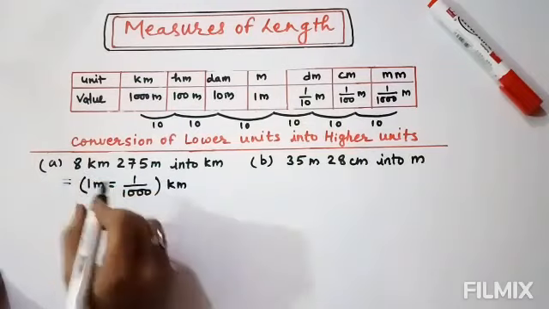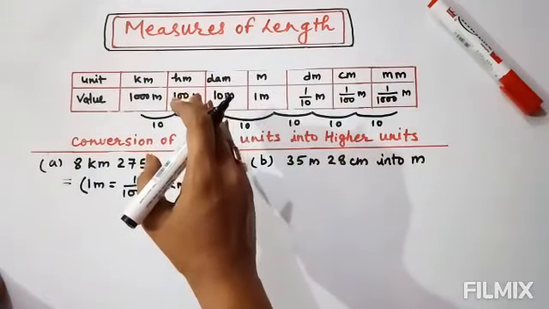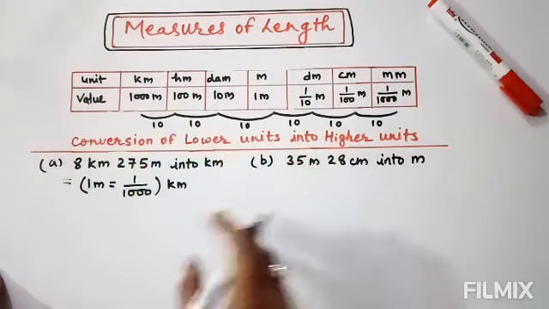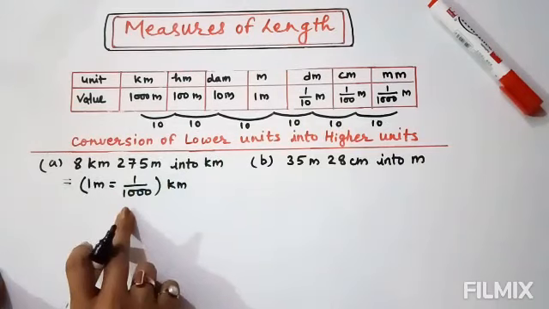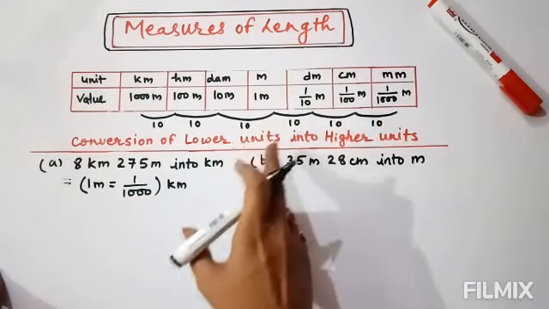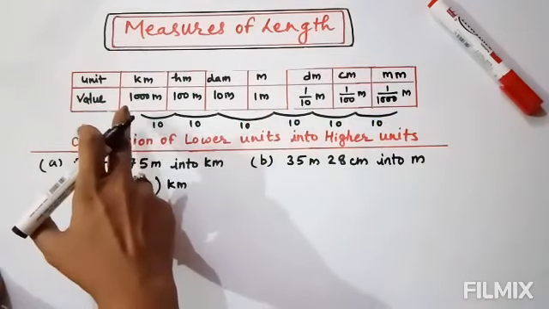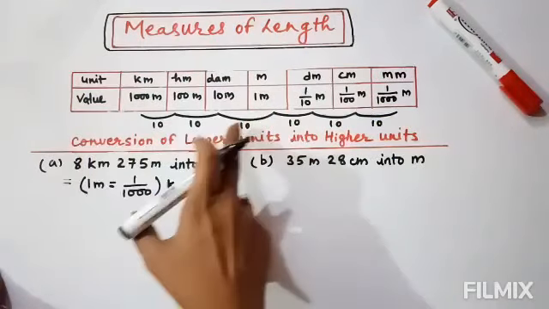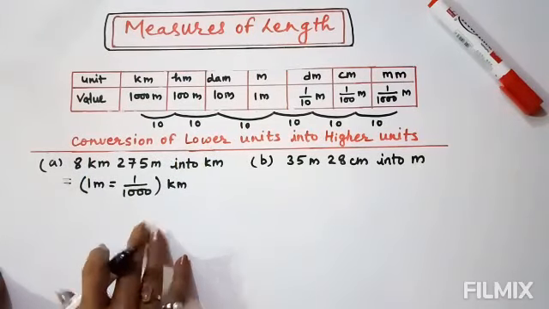As I explained before, to convert from the lower units into higher units, we divide. So we can write it in fraction form, and 1000 you get by counting the tens that come in between. So 1 meter is 1 upon 1000 kilometer, that comes 3 tens.